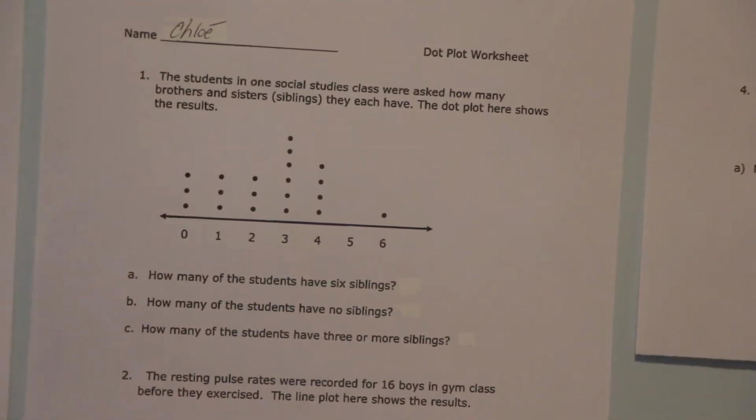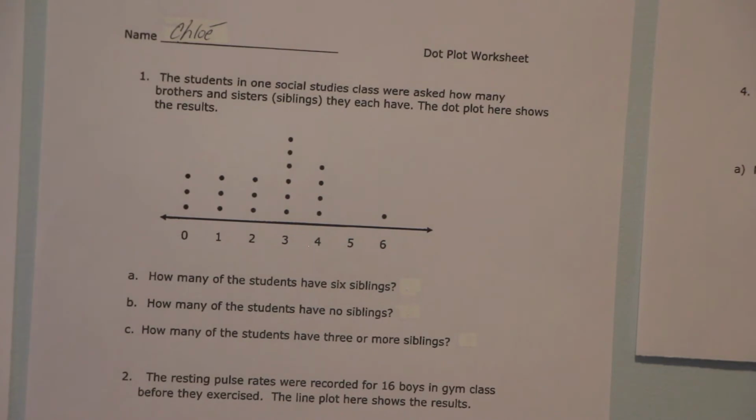Alright, so dot plots are basically just a graphical display of data using dots. Or sometimes you can see X's, stars, check marks, whatever it is the math question is asking, or whatever the person doing it prefers.